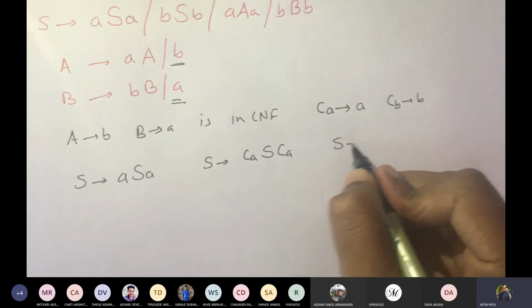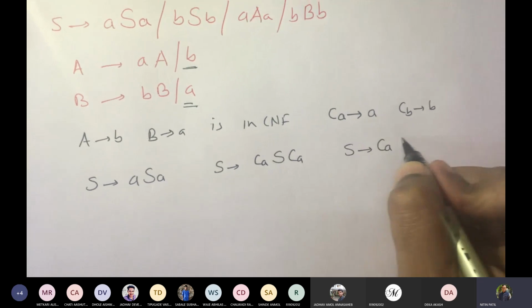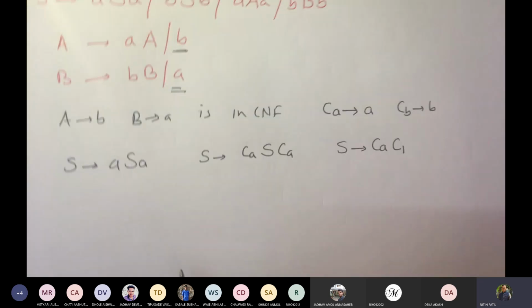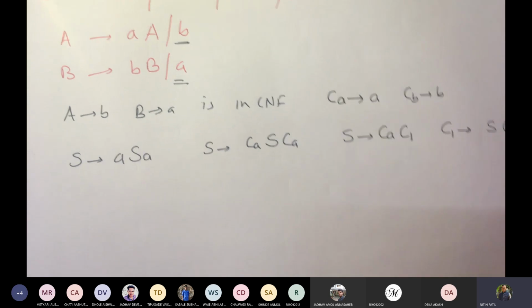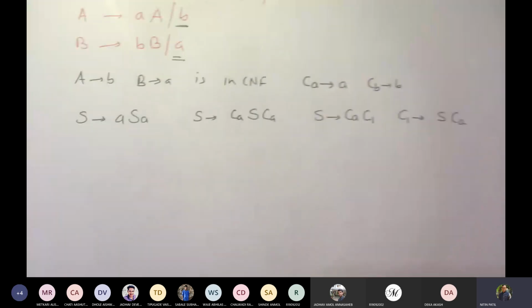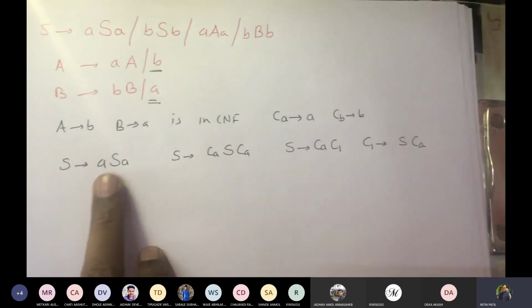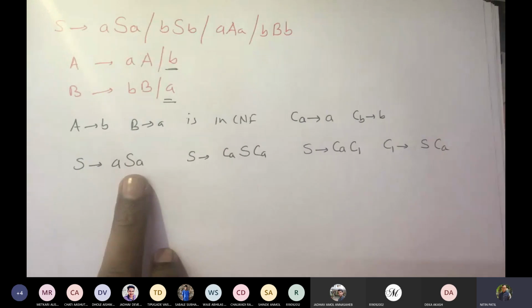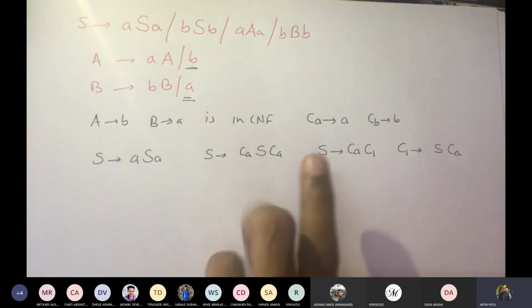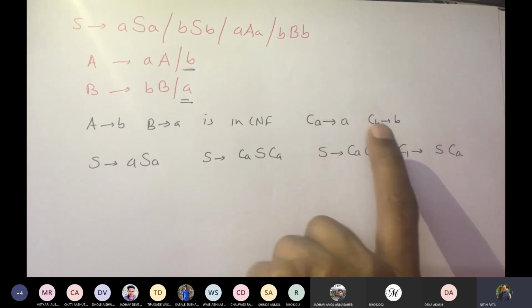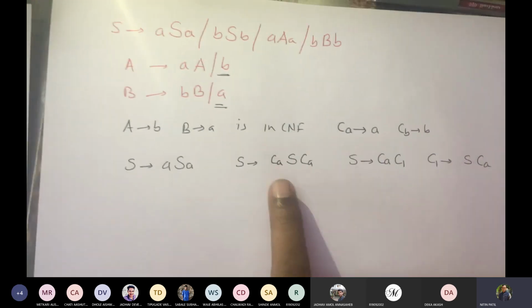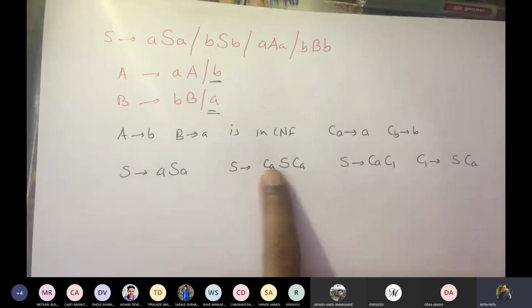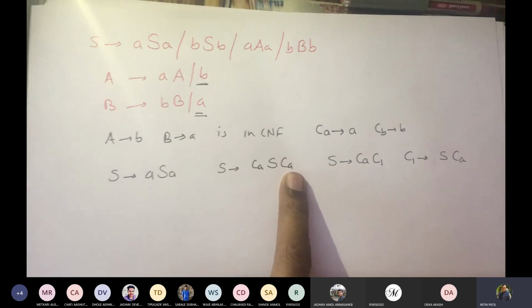So what we will do is write S gives CA C1, and C1 gives S CA. Understood how we converted this? We converted this ASA to CA by introducing these two new variables, CA gives A and CB gives B. We rewrote this ASA production using CA, correct?